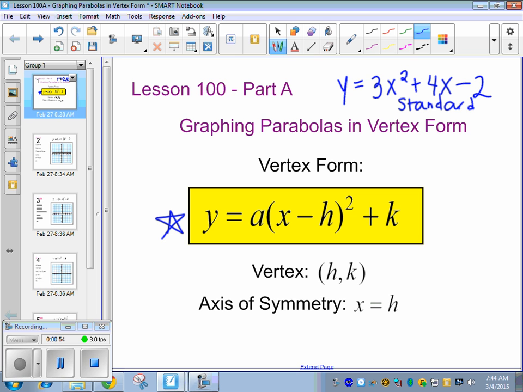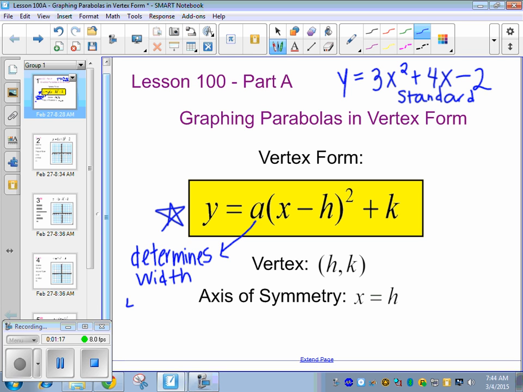Y equals a, parentheses, x minus h squared plus k. So what each of these variables does, so the a determines the width of the parabola. If you have like 4, anything above 1, it makes it more narrow.